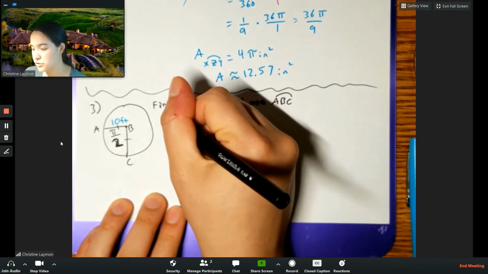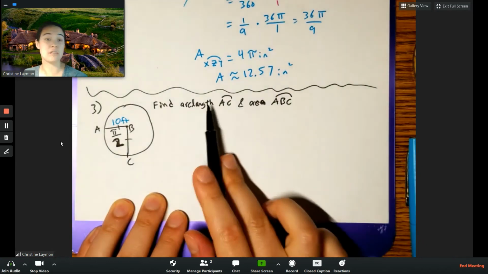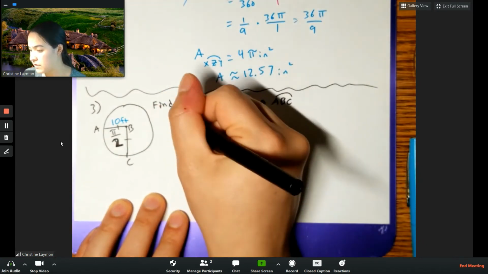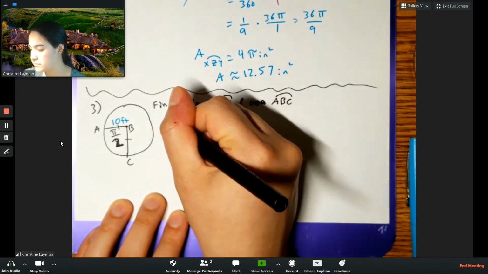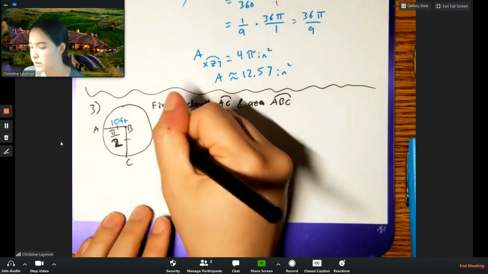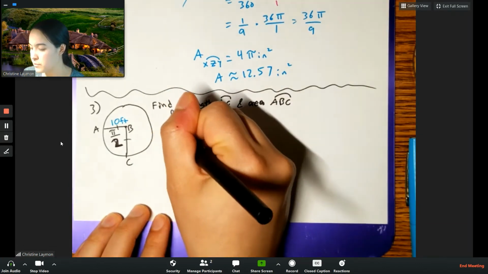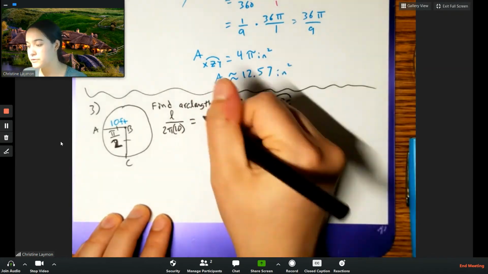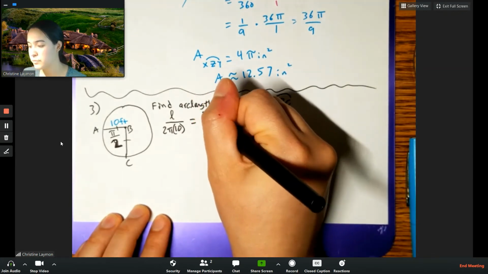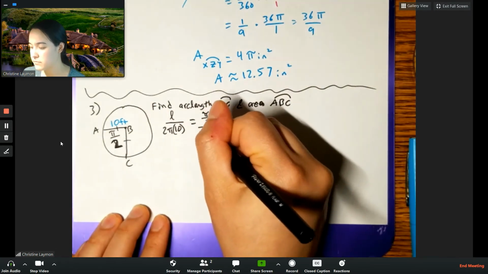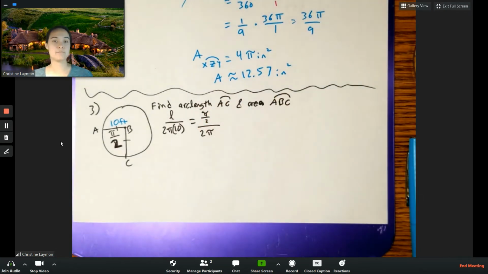Let me go after arc length first. I'm going to show that I have arc length L over 2 pi r. So 2 pi, and this time r is 10, equals pi over 2 divided by 2 pi.